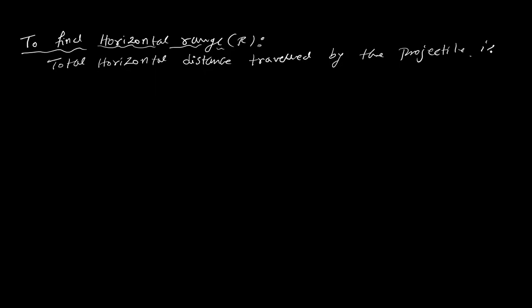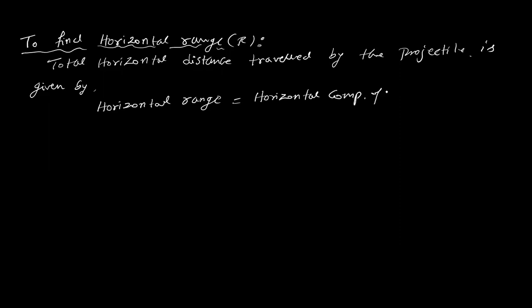So R is given by, see horizontal range. Since it is traveling horizontally, we have to calculate the horizontal velocity component. Horizontal range is equal to horizontal component of velocity and time of flight.